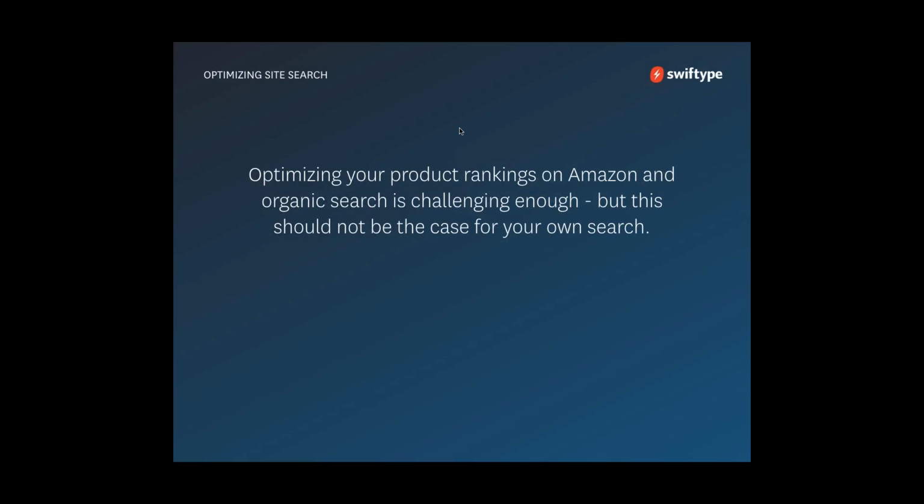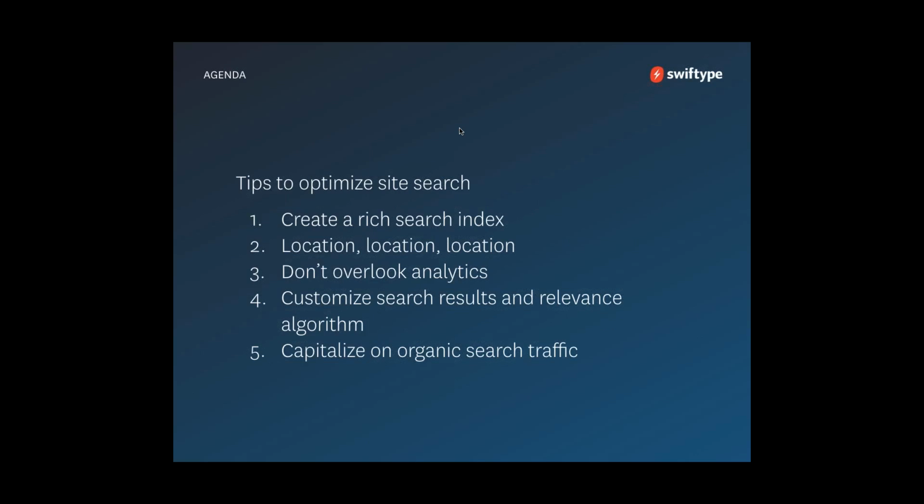Optimizing your product rankings on Amazon and the organic search is challenging, but that really shouldn't be the case when you're doing your own search. So how can you ensure that search on your own site is optimized to drive sales?